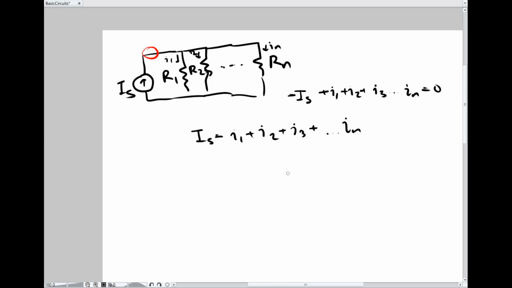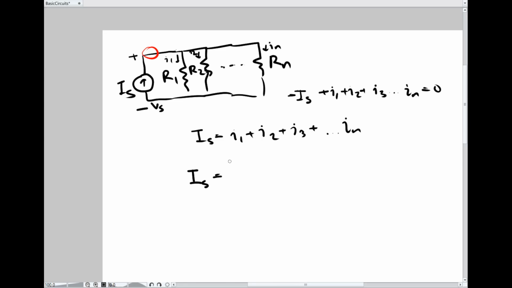Now that I've written out all these currents, I can apply Ohm's law with each of the resistors. But these are the same two nodes, and so I only have one voltage I can define here. I'll call this V source. So I'm just having the same V source over again.